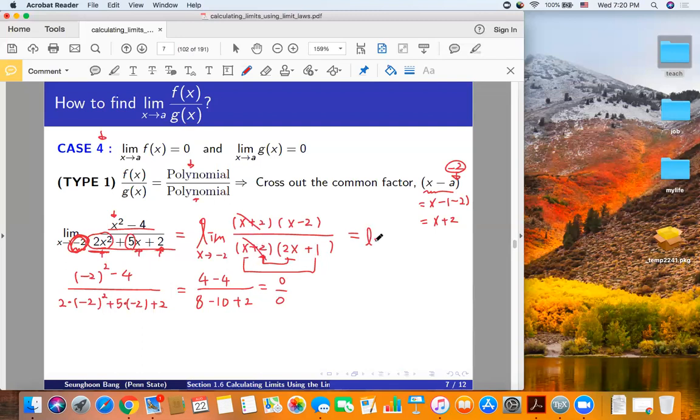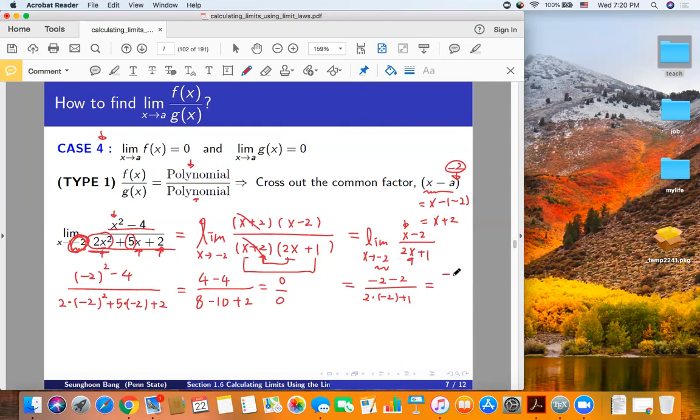So we have the limit as x approaches negative 2 of (x minus 2) over (2x plus 1). The next step, you plug negative 2 into the top one and bottom one. The top one has negative 2 minus 2, over 2 times negative 2 plus 1.